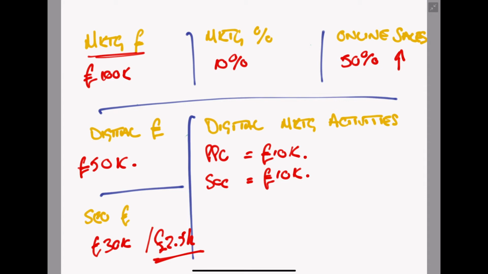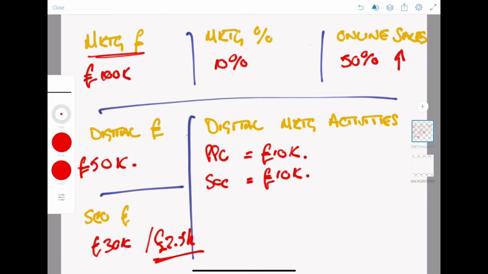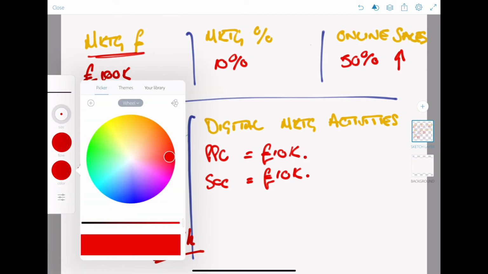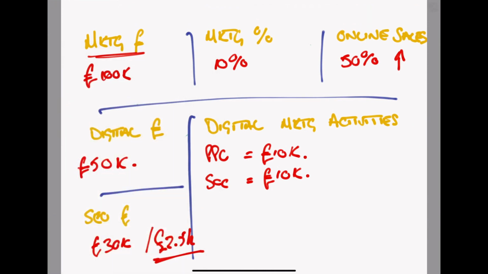Now, if client Y comes along, so that's client X, let's say that client Y comes along, and I will change my color here just so that we can see them next to each other and show how this model works. So that's all client X. Client Y comes along and they only have a marketing budget of 20k a year.